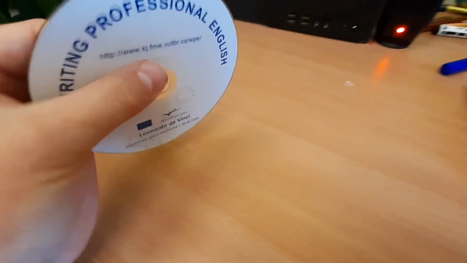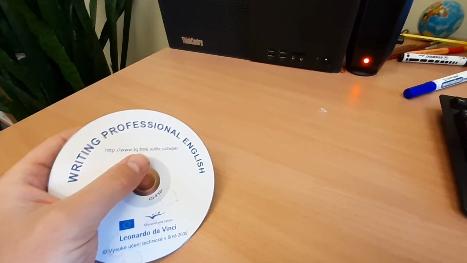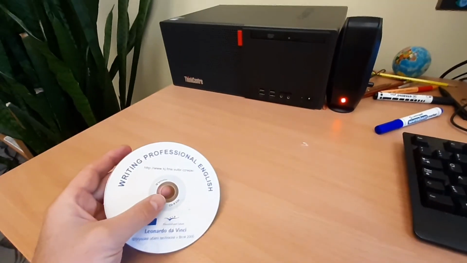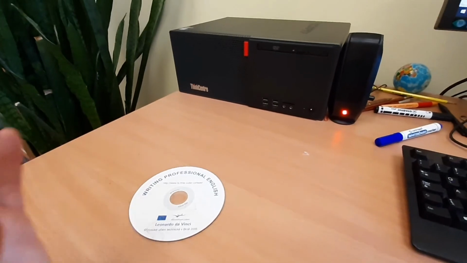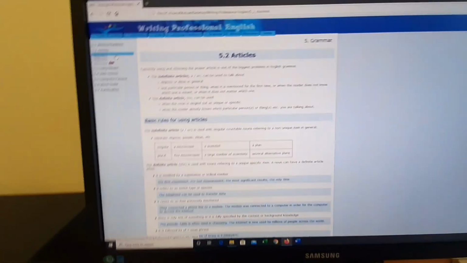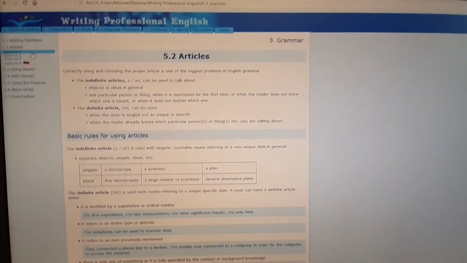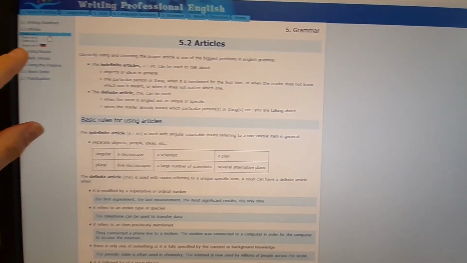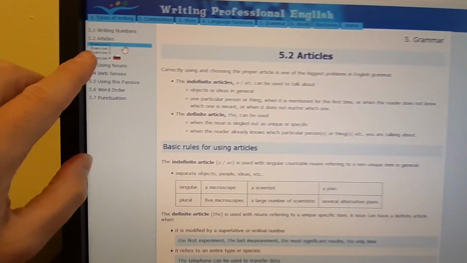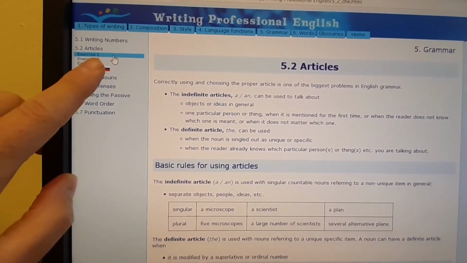If you don't have it, that's fine. I have several of these, and I also have it in file format, so I can get it to you somehow. But what I want you to do is, if you load it up, go to 5.1 or 5.2. You will see something written on the side that says articles.